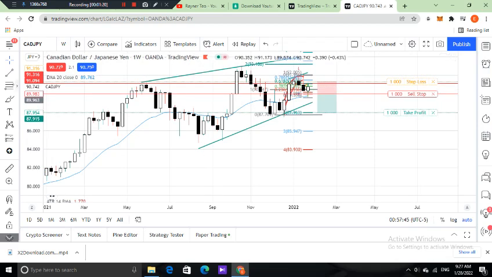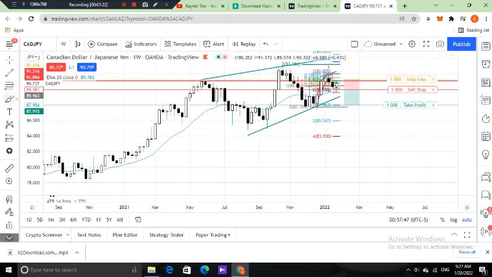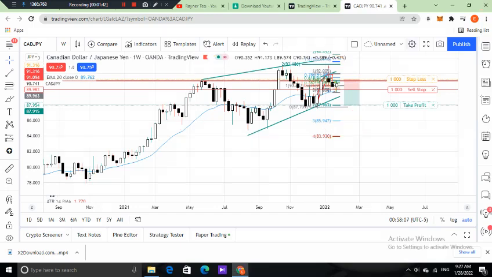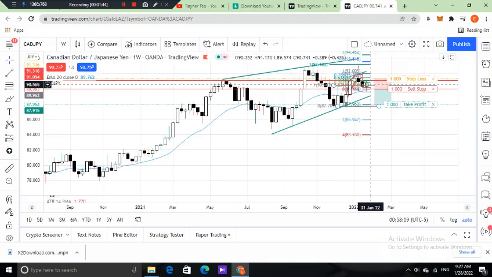At this time we see the price around this level. We have this breakout above that, but after that price got back below this level. I also drew a wedge shape.